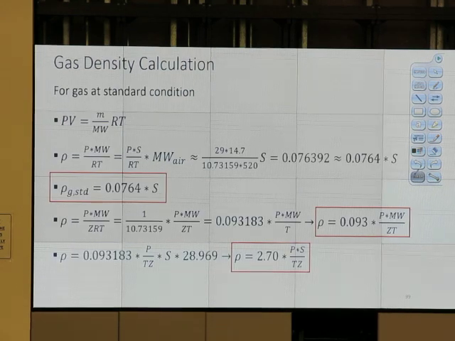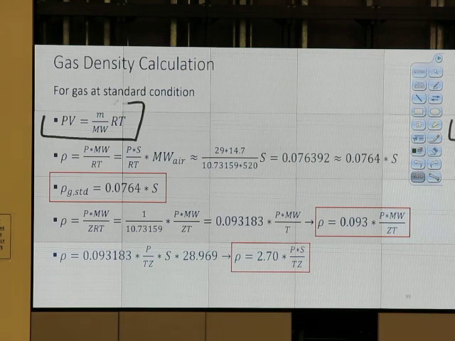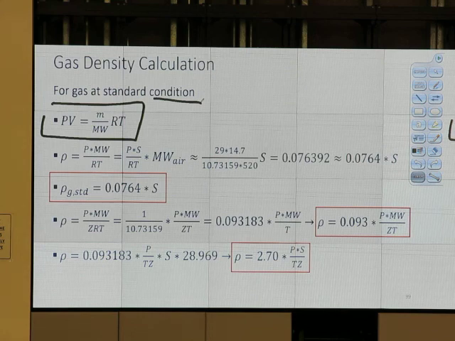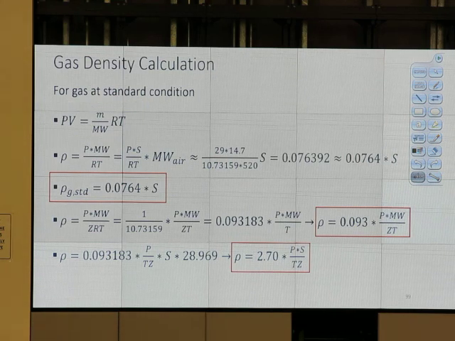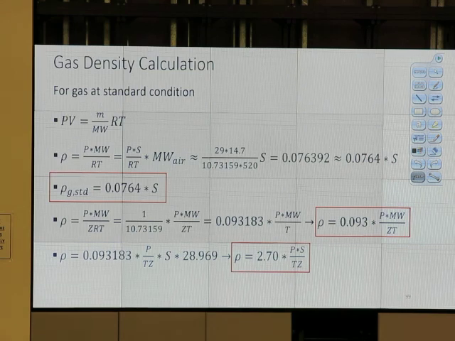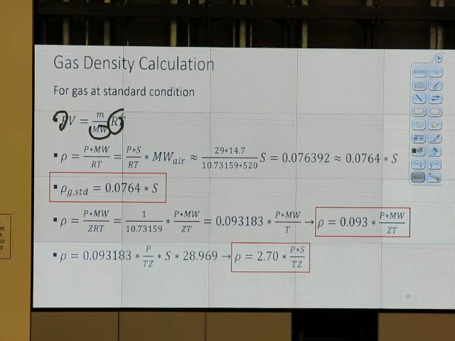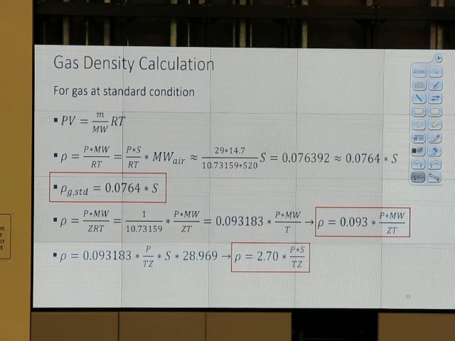The derivation of this is from PV equals nRT at the standard condition. Z equals 1, and mole is mass divided by molecular weight. So for density, we have mass over volume. I rearrange it, then I have P multiplied by molecular weight divided by RT, that is rho. Okay? And I substitute the values. Molecular weight for air is 29.